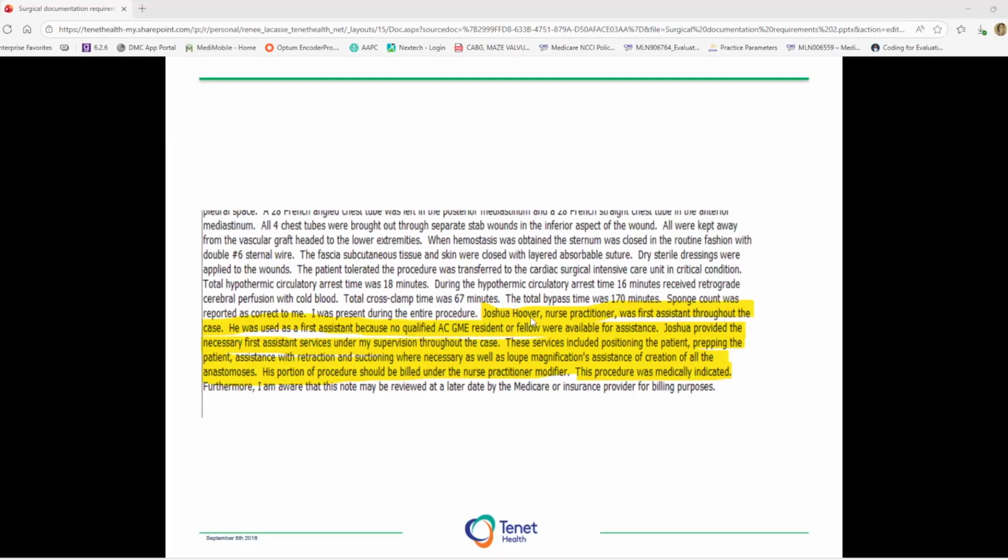You want to make sure you put the assist name and then their credentials, that they were the first assist throughout the case. You want to make sure that you put that no qualified GME resident or fellow was available. And then you're going to document exactly what the assist did.